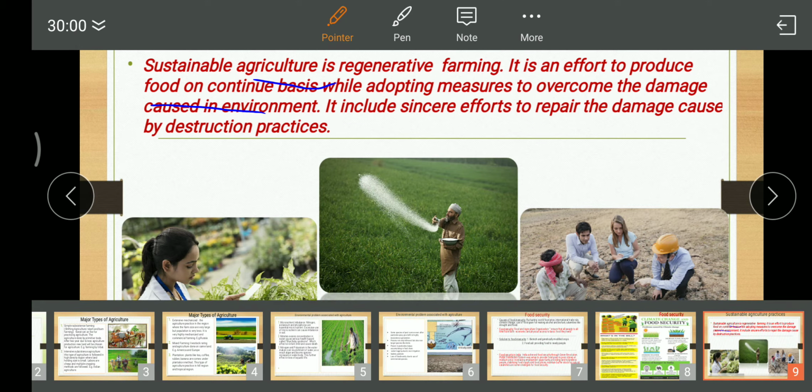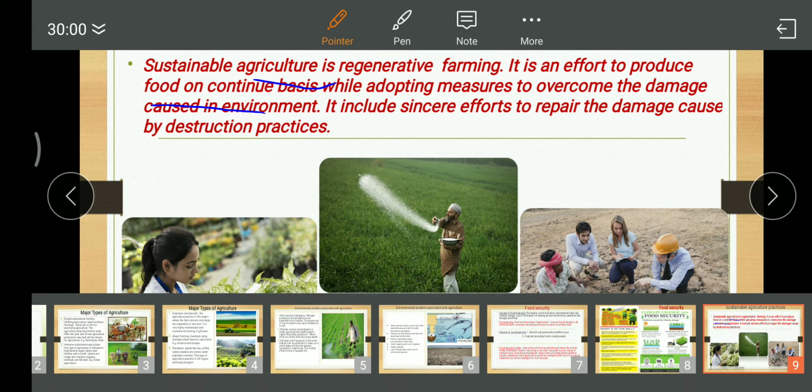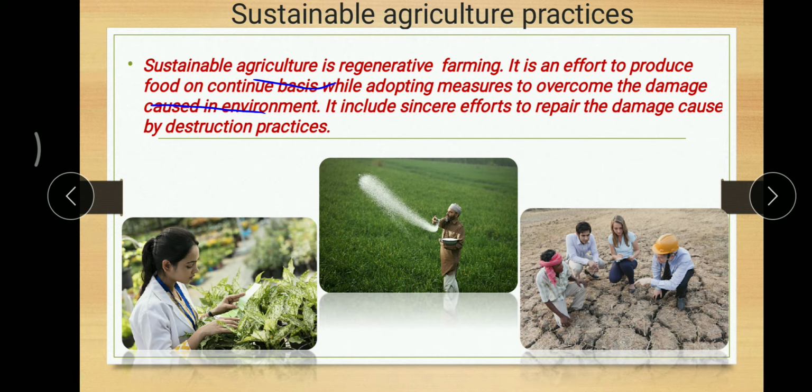In modern agriculture, they developed genetically modified crops in laboratories, and to provide good nutrition they started using chemical fertilizers, and to protect these crops they started using chemical pesticides, fungicides, and all these.